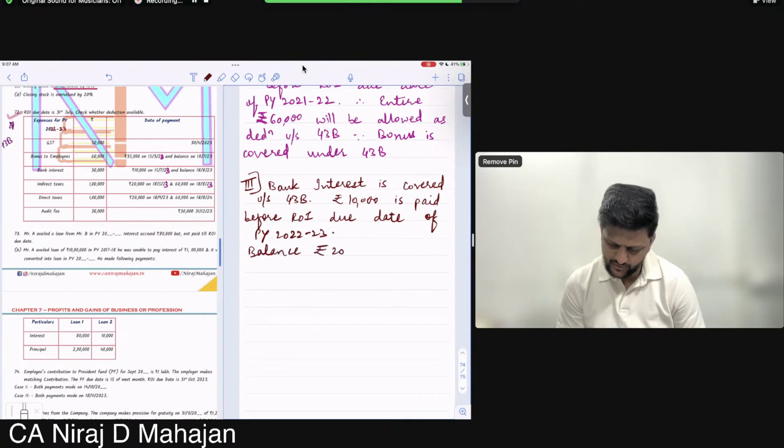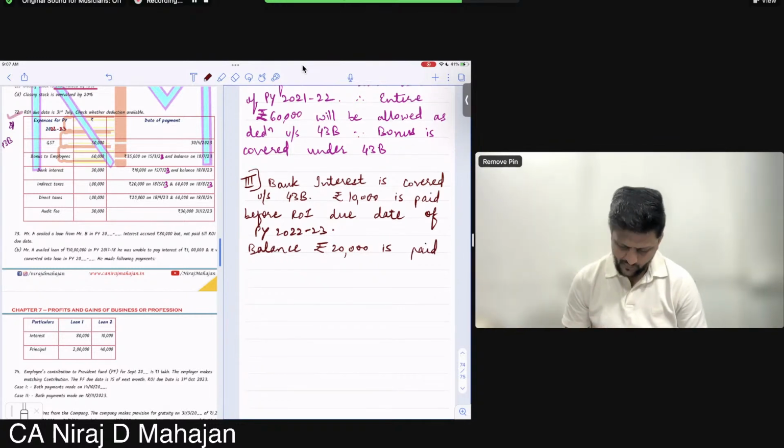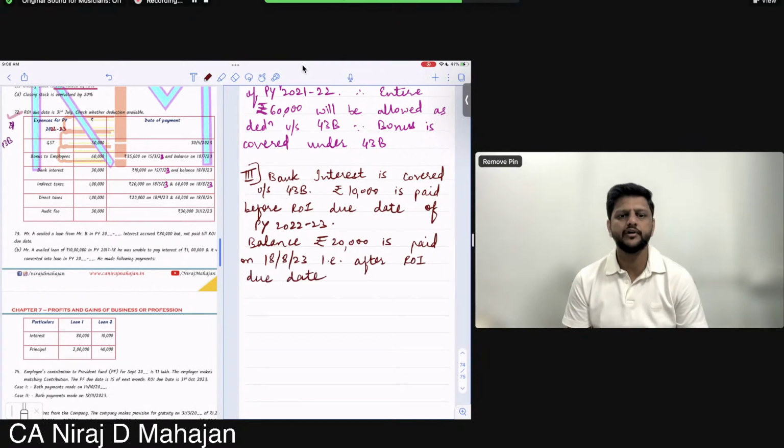Balance rupees 20,000 is paid on 18th August 23. That is after ROI due date.